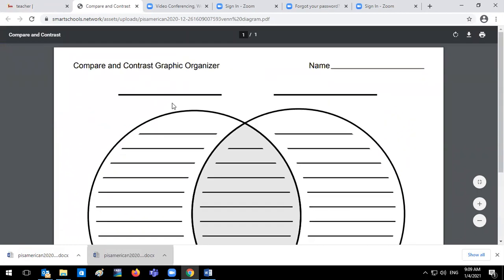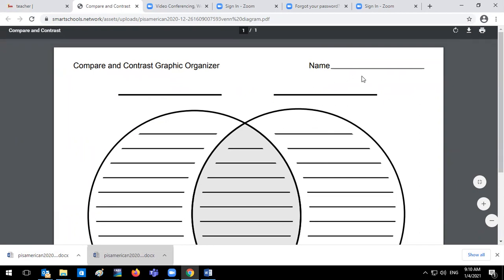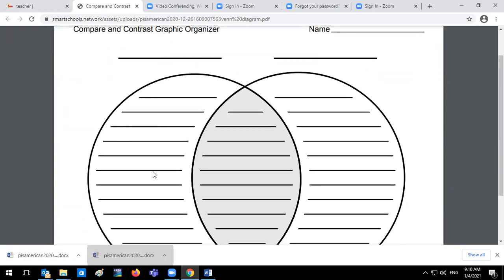Here you would put your name, okay, and here you would put the character's name that you're comparing yourself to. Whether you're comparing yourself to Pony Boy, you would put Pony Boy. If you're comparing yourself to Darry, you would put Darry. Whoever it is. On this side, you're going to be writing your own unique characteristics or your personality traits that are different.